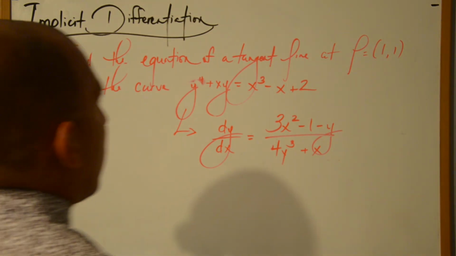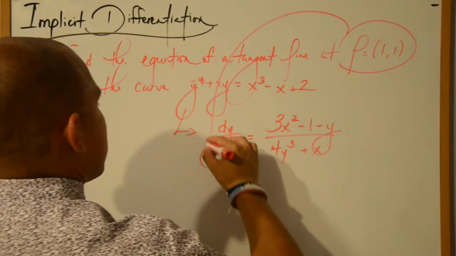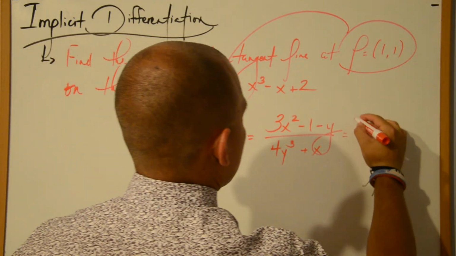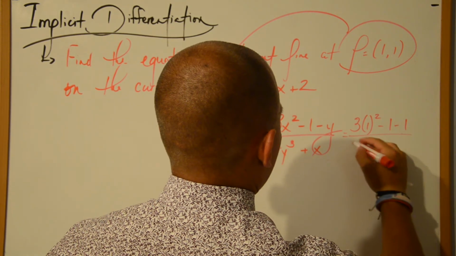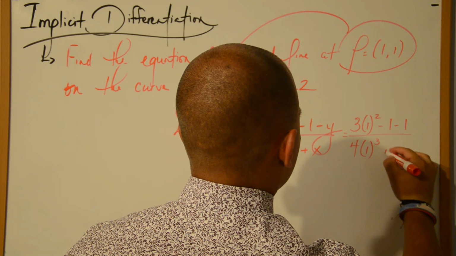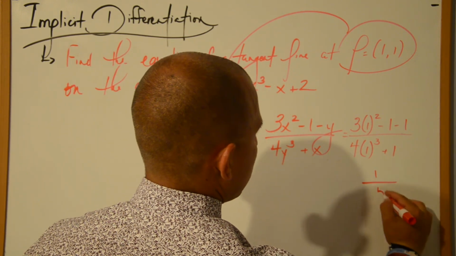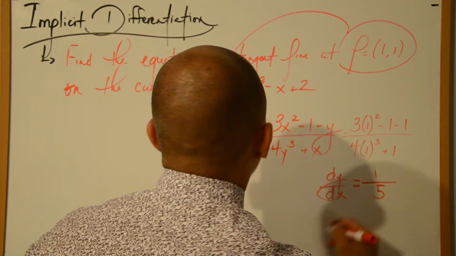So once again, we have our point, and where's the slope? The slope is the same thing as the derivative. So we substitute these values in: 3 times 1 squared minus 1 over 4 times 1 cubed plus 1. 3 minus 1 minus 1 is 1, over 5, and that represents the rate of change.